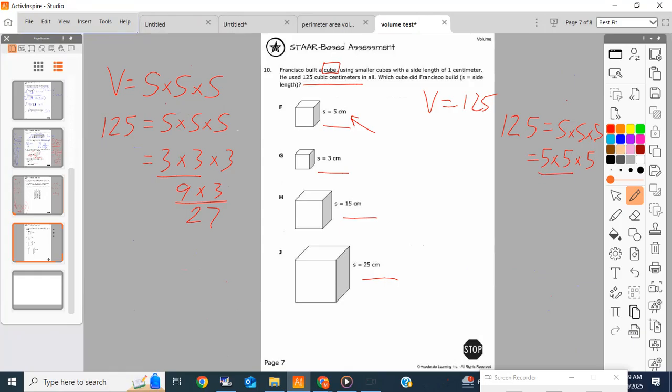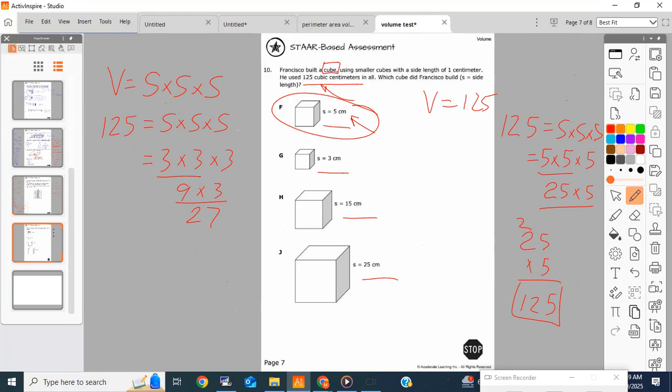So 5 times 5 is 25. Then we do 25 times 5. Well, let's do that down here. Let's set it up like a multiplication problem. 5 times 5 is 25. Carry the 2. 5 times 2 is 10. 11, 12. 125. And that is what we're looking for. So this is going to be our answer.